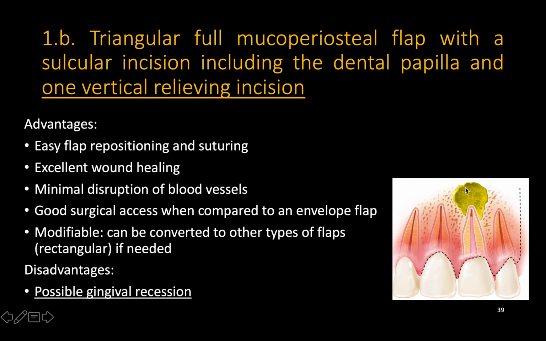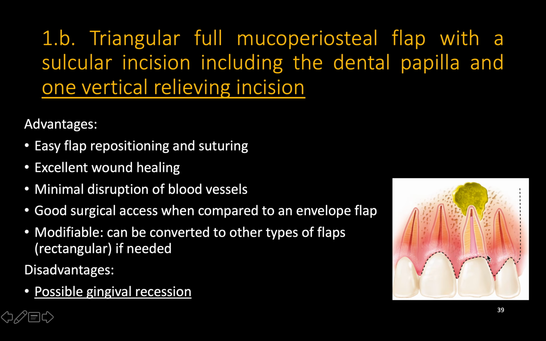This flap is easy to reposition and suture. It provides excellent wound healing after the surgery. We do minimal disruption of the blood vessels because the vertical releasing incision runs parallel to the supraperiosteal blood vessels. It provides good surgical access when compared to the envelope flap, and it is also modifiable.